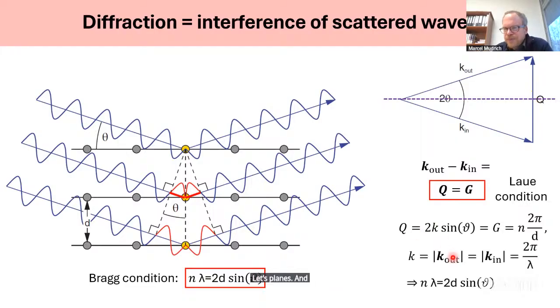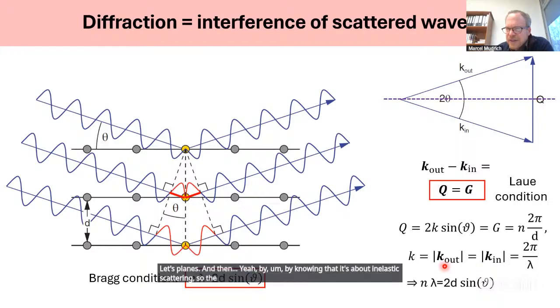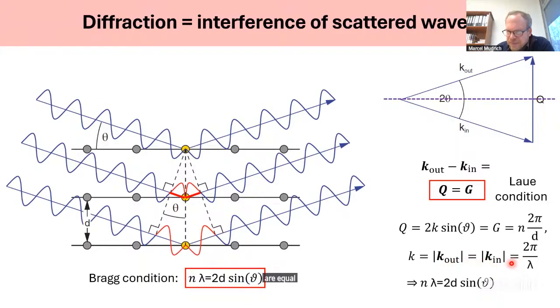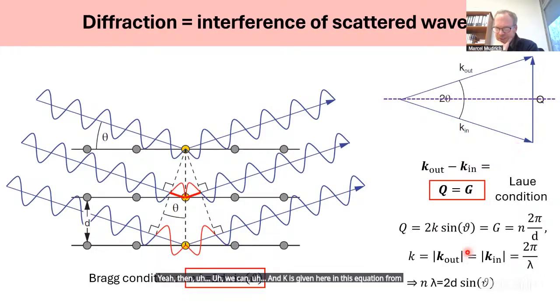And then, by knowing that it's about elastic scattering, so the length of in and out k vectors are equal, and by definition the k vector is 2 pi over lambda. Then we can set, and k is given here in this equation from our triangle construction.